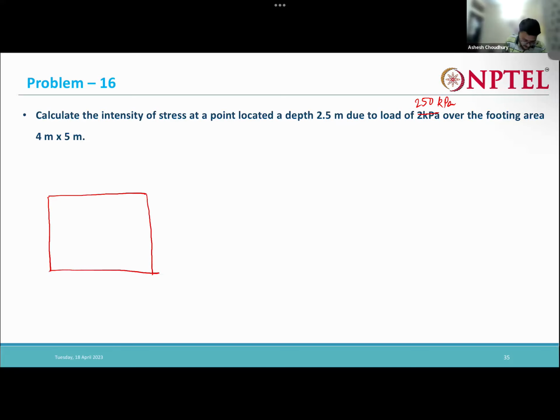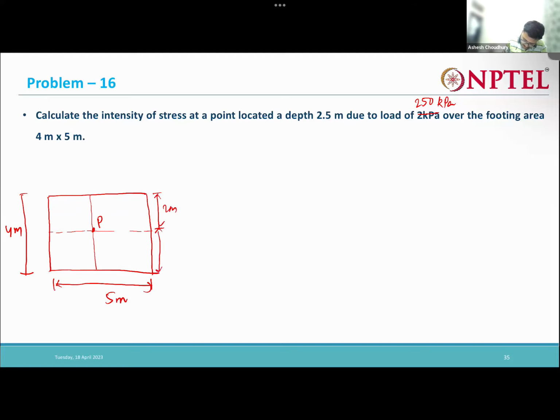We have a footing like this, 4 meter by 5 meter, and we are to find the stress beneath the point P, which is located here.